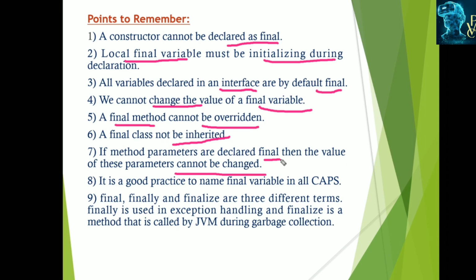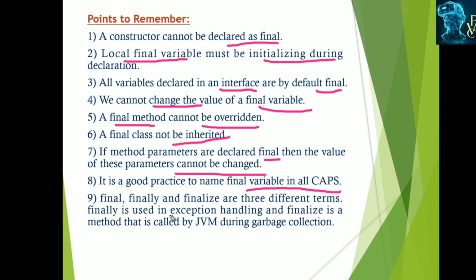So there is no variable change during the method invocation. Another good practice is to name final variables in all caps. Capital letters differentiate normal variables from final variables or final methods.